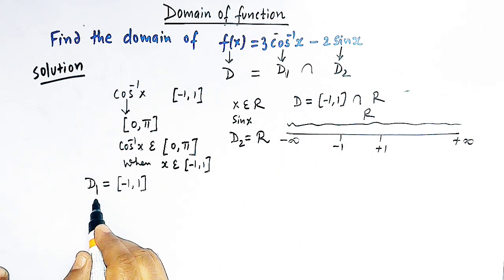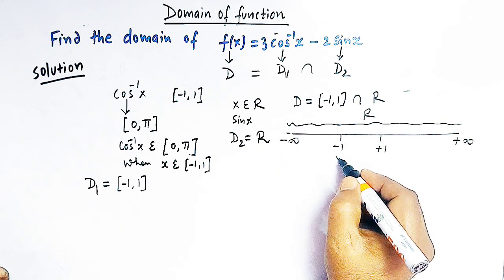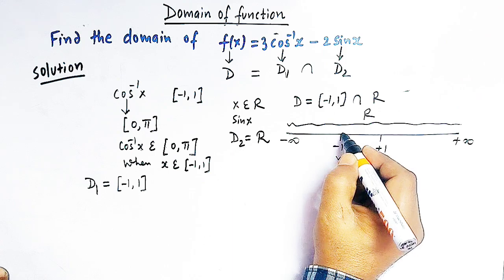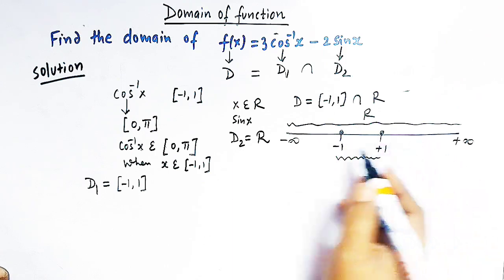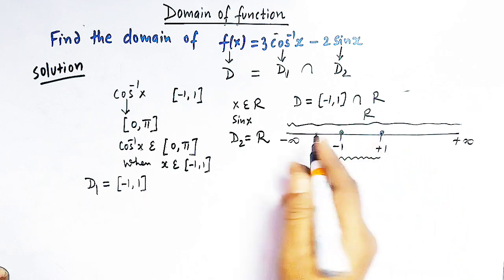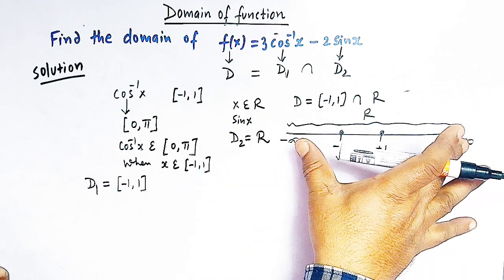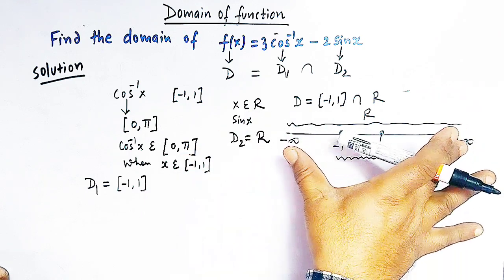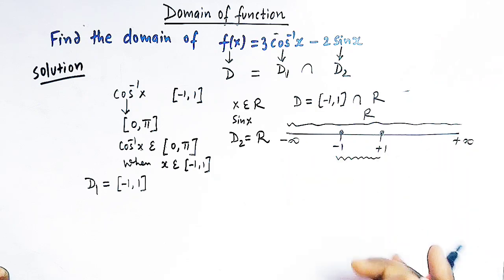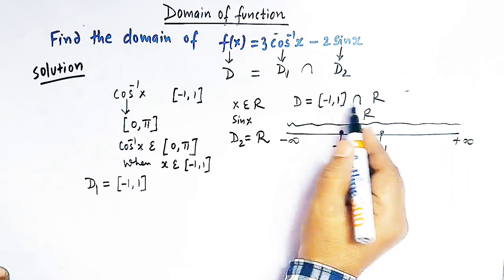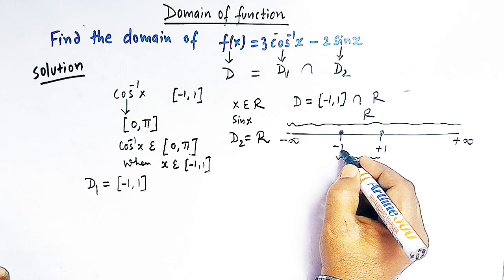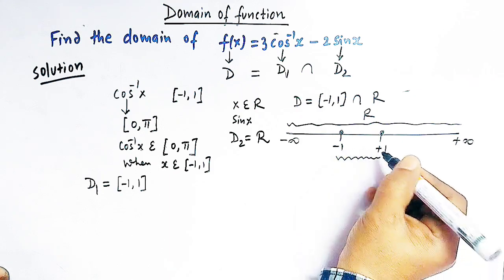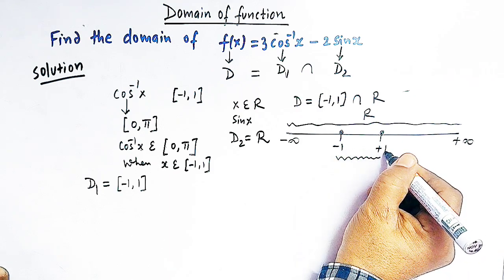So this domain d1 is given by this region, that is including -1 and 1, and d2 is the set of all real numbers. So here we have the entire real number line, right? So now the intersection of these two sets is given by this interval, from -1 to 1, right?